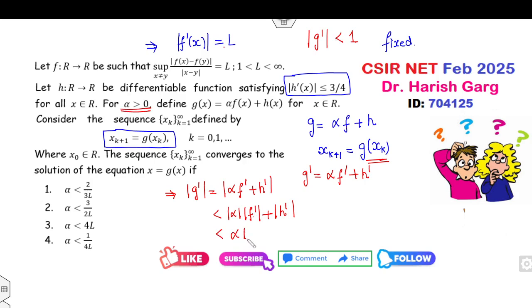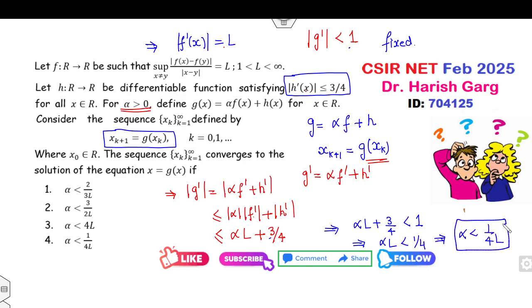It is my L, plus h dash is my 3 by 4. Now it will be convergent only when this is less than 1. So that means the value of alpha L is less than 4. That means alpha is less than 1 over 4L. So the right answer of the problem is D.